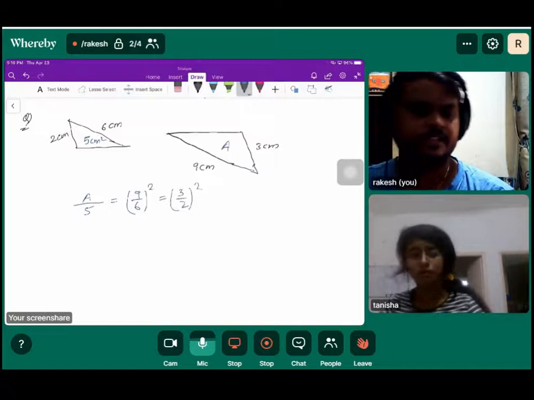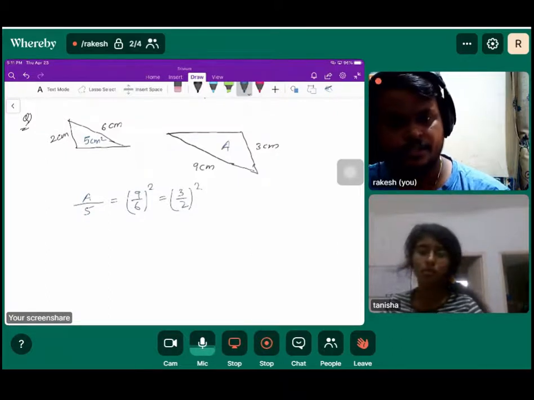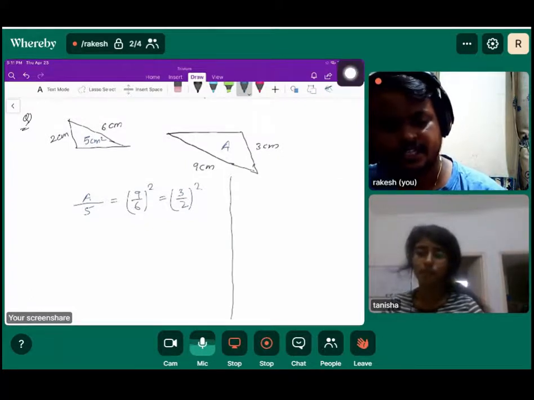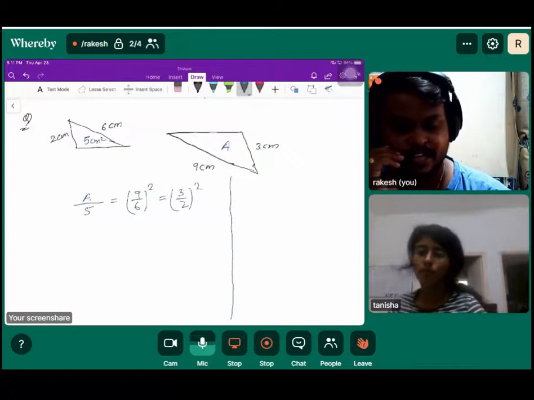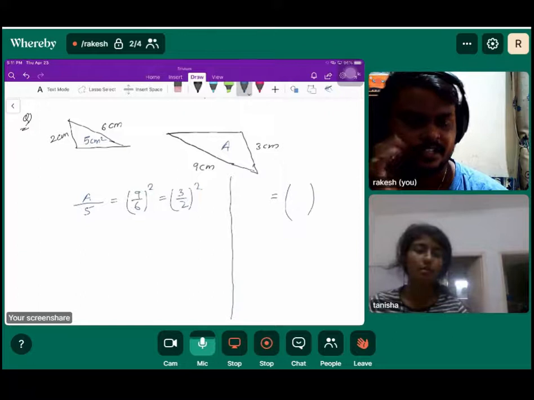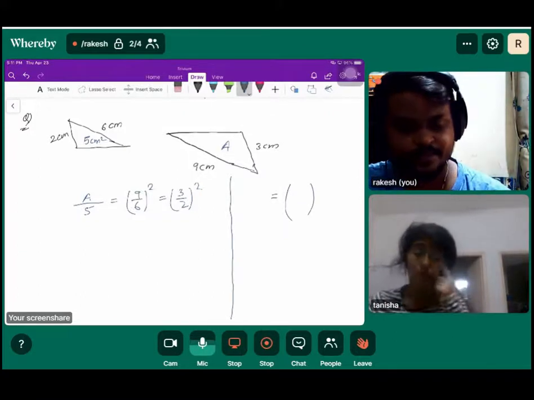See, this is another way of writing it, right? You can understand it another way: the ratio of the areas of two similar triangles is the same as the ratio of the squares of their corresponding sides, right?